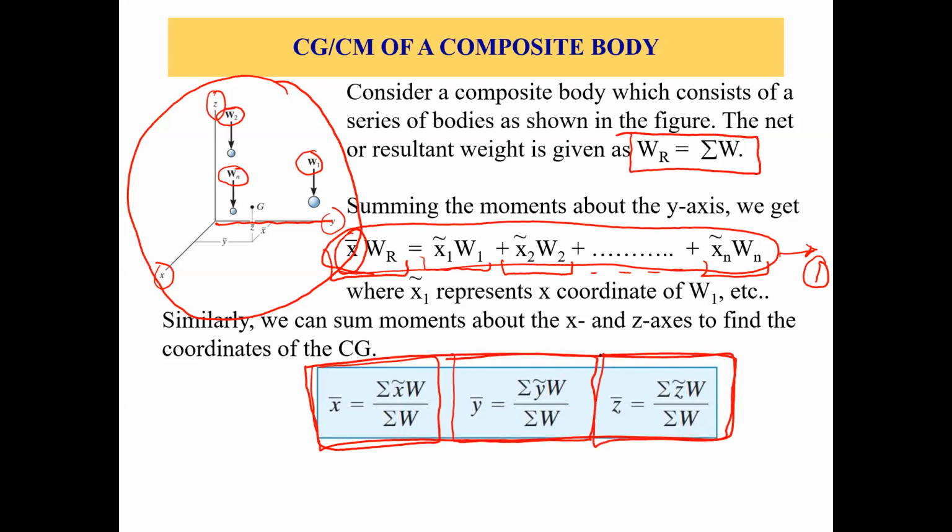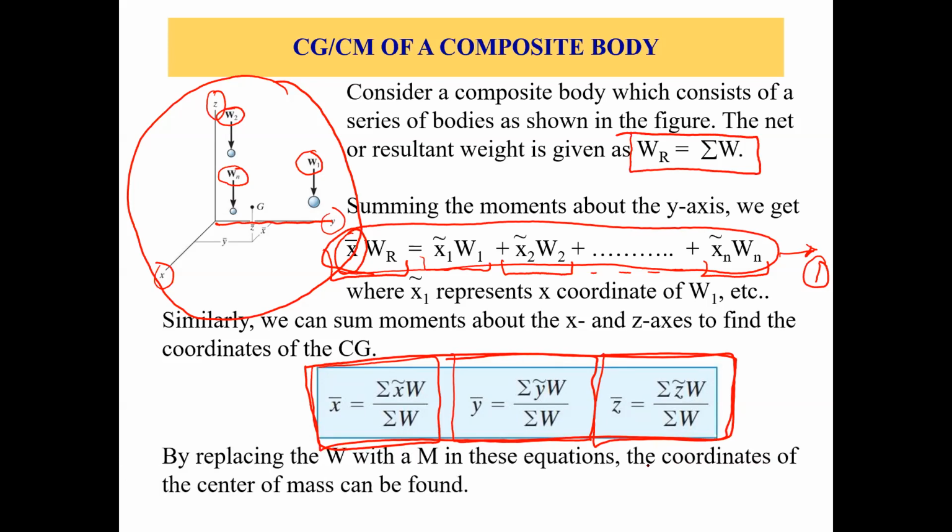Once we do this analysis and get the values of x bar, y bar, z bar of the whole body, we can locate the centroid, center of gravity, or center of mass of that composite body. Okay, so that's how we analyze the composite body by dividing it into its individual parts, right?